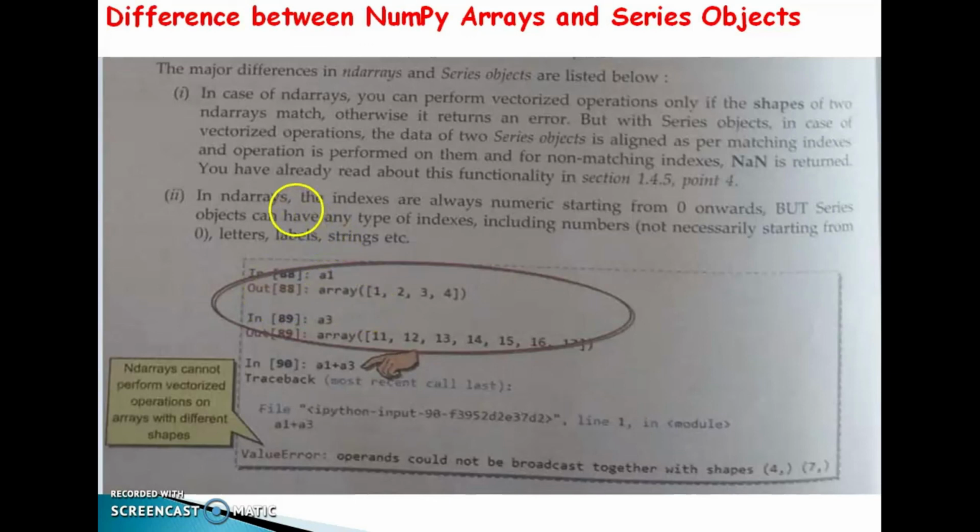But with series objects, in case of vectorized operations, the data of two series objects is aligned as per matching indexes and the operation is performed on them, and for non-matching indexes NaN is returned. You have already read about this functionality.